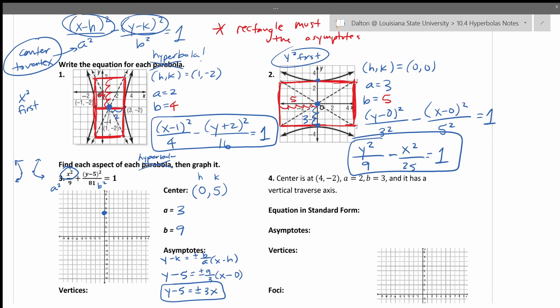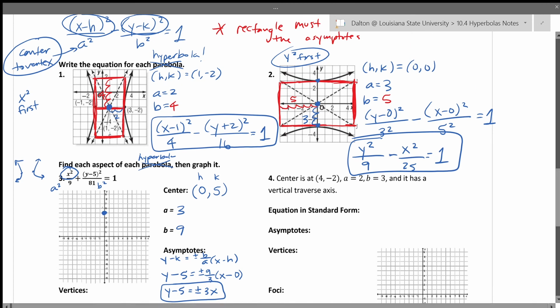From that center point, one line's going to have a slope of positive 3, so you go up 3 and over 1, down 3 and to the left 1, and you could do a few more if you want, but it's just to give you an idea of where that line should go. And then the other line will have a slope of negative 3, so up 3 to the left 1. So those are the asymptotes. So I know my curves are going to have to fit inside of these asymptotes.